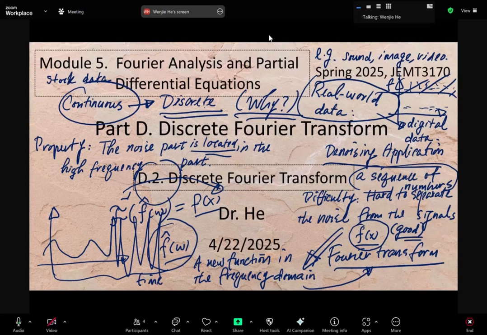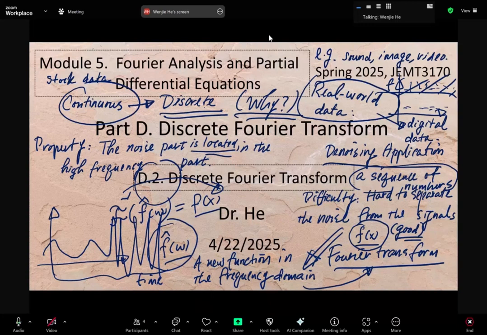We do not have sine, cosine, continuous function representation. We have a sequence of numbers as our data. That's why we need to process the discrete form of the data.